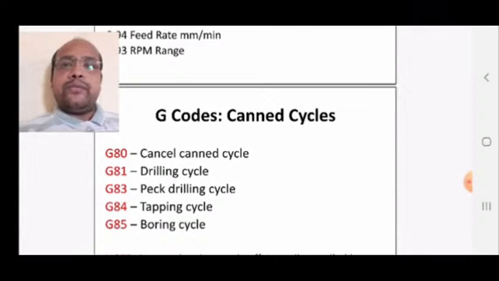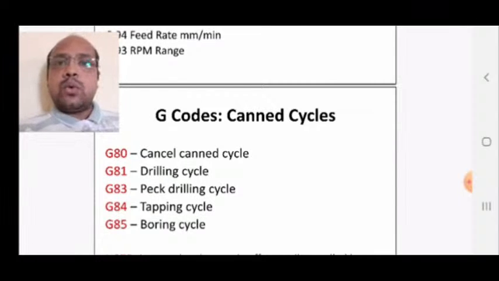For example, if in one plate you want to drill approximately 10 holes, you need to use a drilling canned cycle. So for any manufacturing operation which is repeated more than 1, 2 or 3 times, you can prefer a canned cycle.